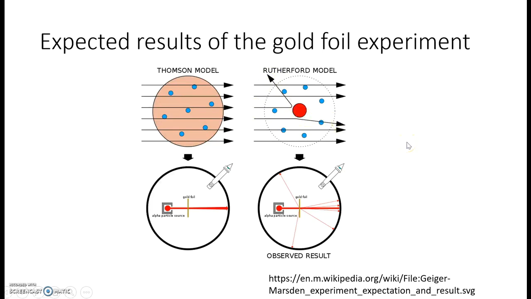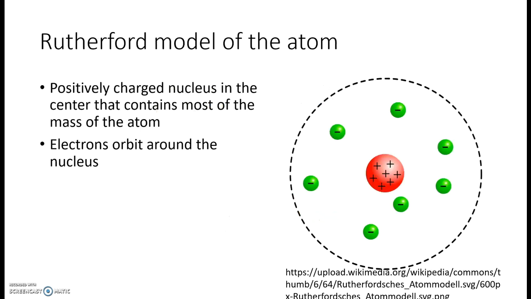And since this is what Rutherford ends up seeing, he ends up producing a new model of the atom itself. This is also referred to sometimes as the planetary model of the atom, but we might just call it the Rutherford model of the atom. There's a positively charged nucleus in the center that ends up containing most of the mass of the atom itself.